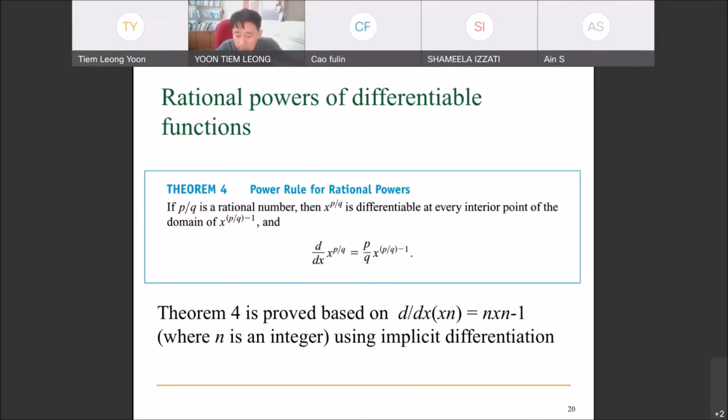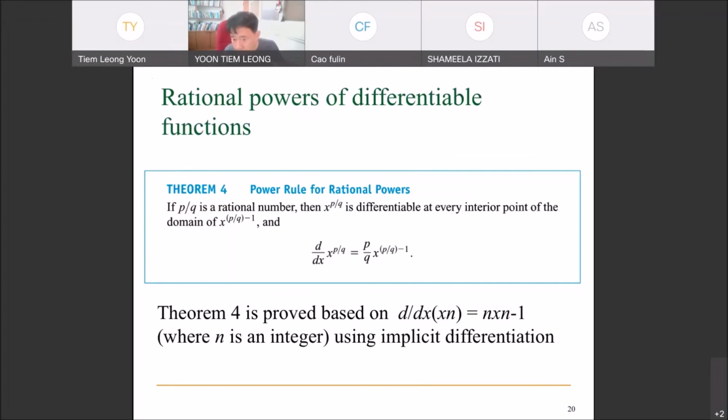This is a generalization of the previous theorem where the power is an integer. Now you have a ratio of integers playing the role of an integer in the powers of x. So it's a straightforward generalization.